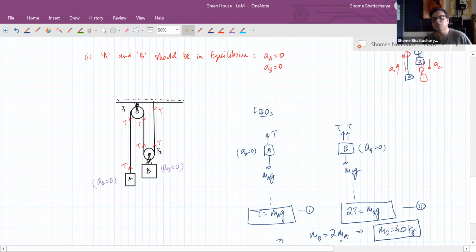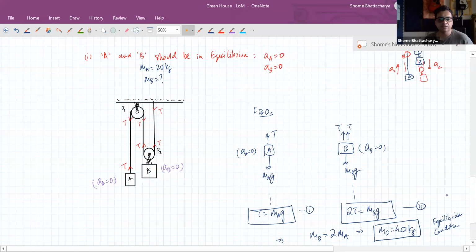So this is the equilibrium condition. Now, this equation that we got over here, this is the equilibrium condition. Okay, because mass of A was given to us as 20 kg. We wanted to find out the mass of B. So this is the condition.